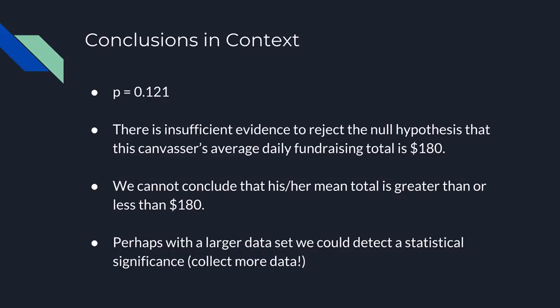In other words, we were unable to conclude that their mean total is greater than or less than $180 because it was in the confidence interval and because our hypothesis test returned non-statistically significant results. Lastly, perhaps with a larger data set, we could detect statistical significance, but we would definitely need to collect more data. I would have to get my boss to send me a larger sample size. But perhaps for a next project. For this project, we did not prove any statistical significance, unfortunately.